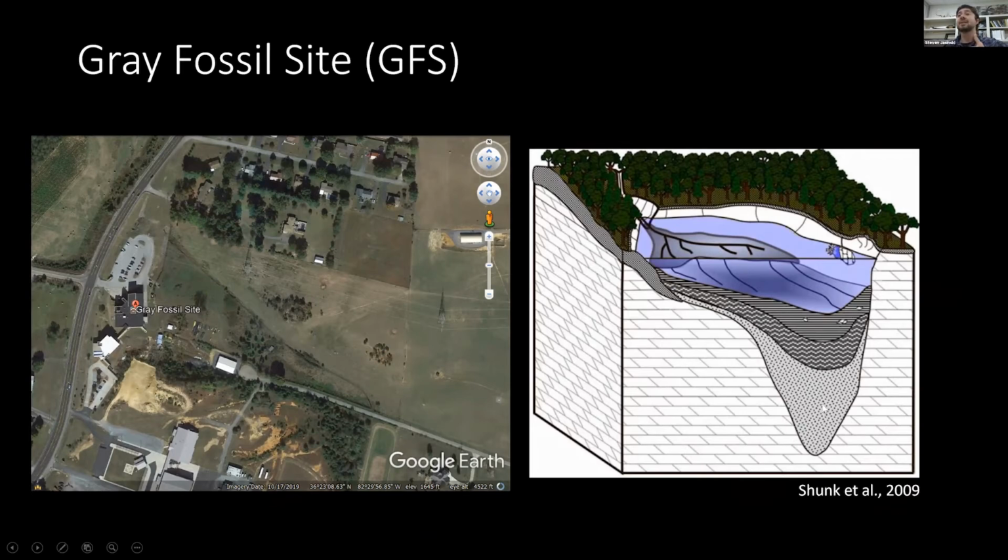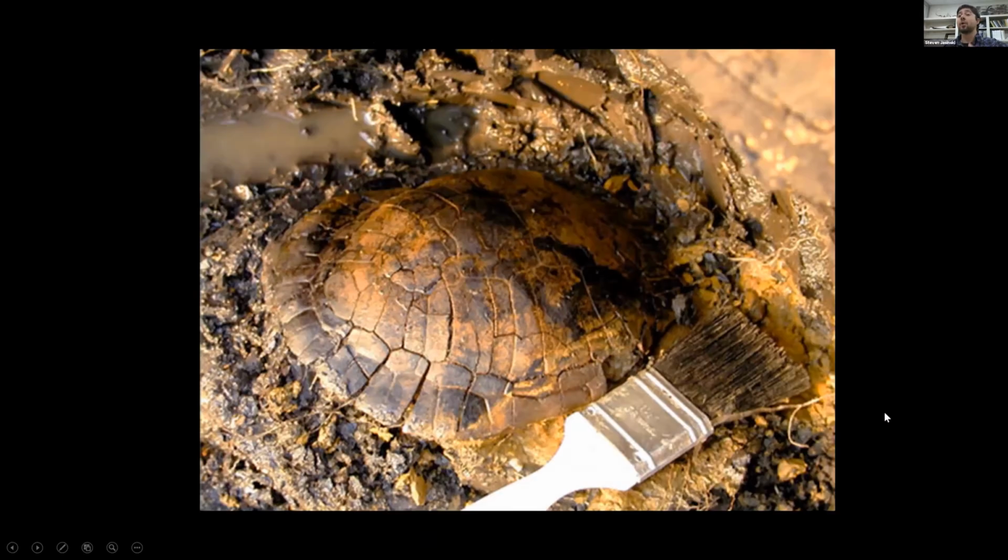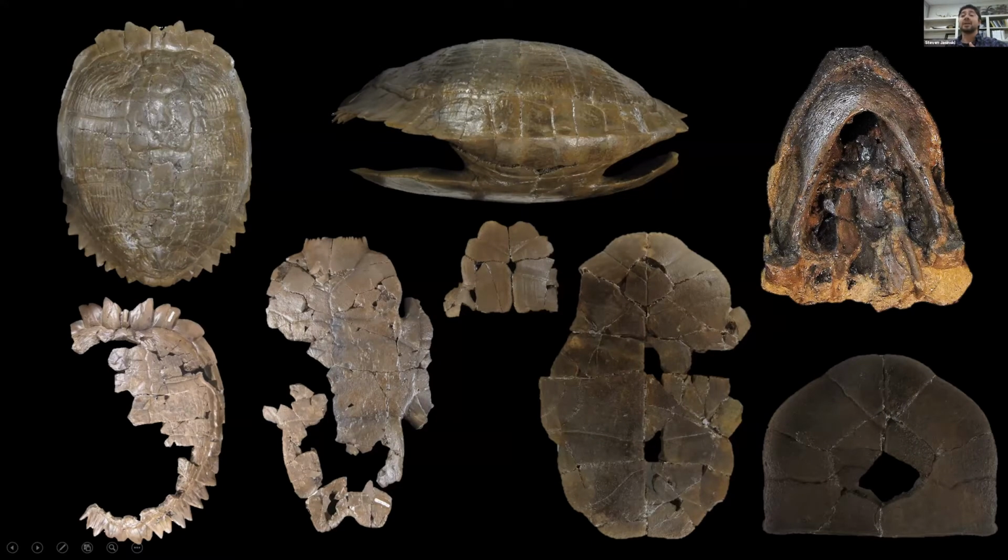So it's going to make sense to get a lot of turtle fossils out of an environment like this. The turtles end up being some of the most common fossils that you're collecting, and you get all kinds of turtles in various stages and various levels of preservation as far as completeness is concerned. You get lots of things like more complete shells or incomplete shells or cranial and skull material.